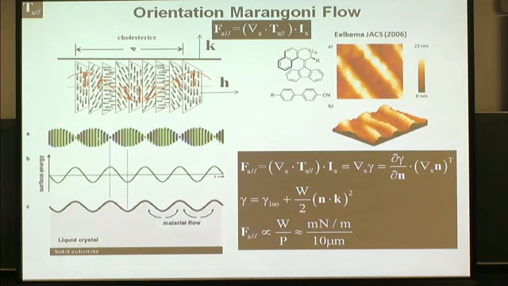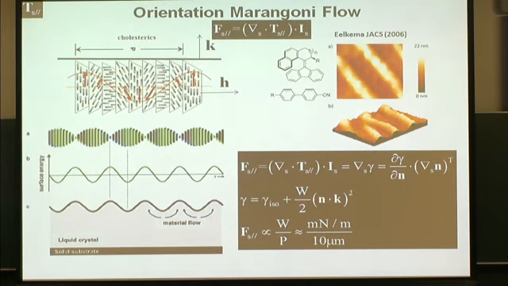And because the orientation here, k is fixed, the orientation varies with space periodically, you have a periodic surface tension. Your surface tension varies periodically. When you take the gradient of this along the surface, you generate a force. That force is called Marangoni force.